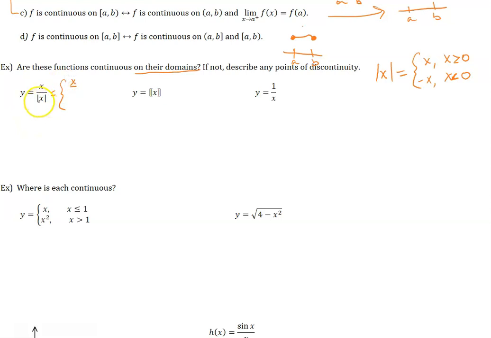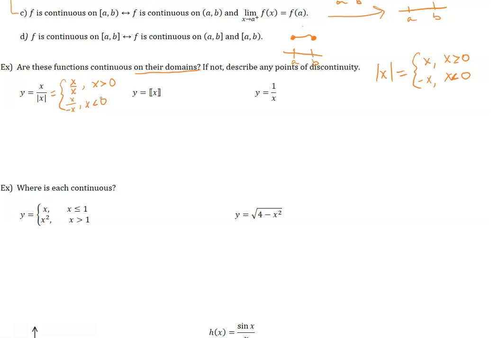So for this one, I'm going to write this as x over x, as long as x is positive, its output is the same as its input, when x is greater than 0. Note that I am not including 0 because 0 is not part of the domain. And then x over the opposite of x when x is less than 0.